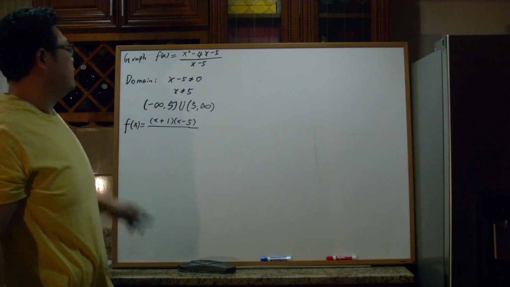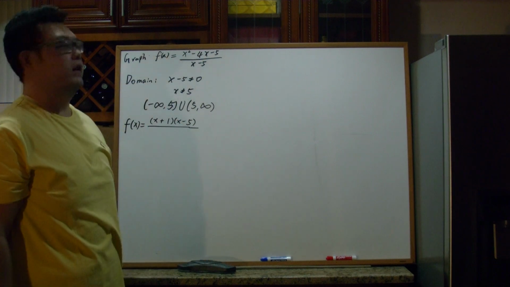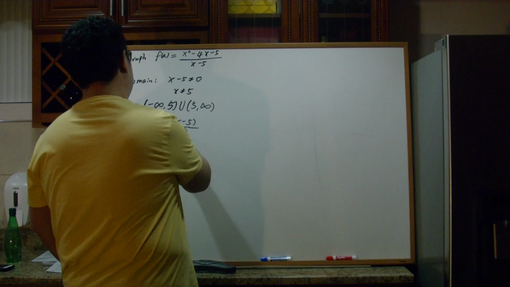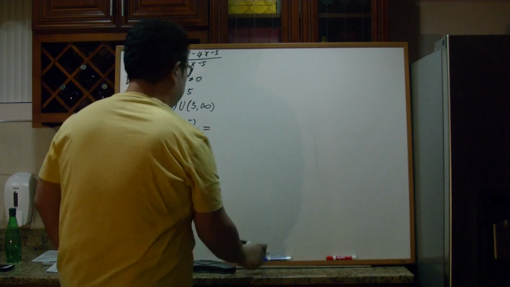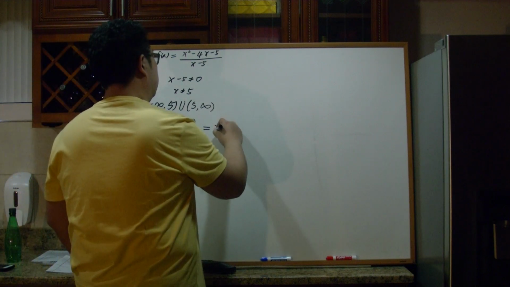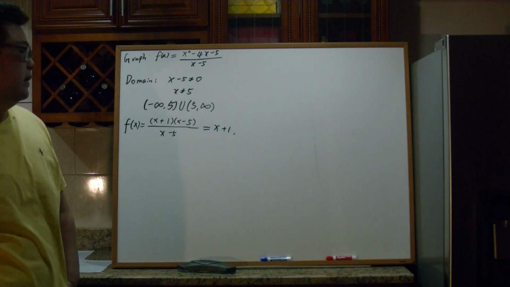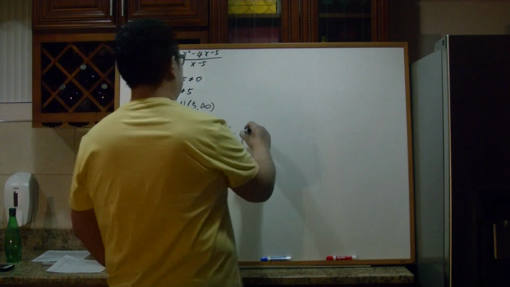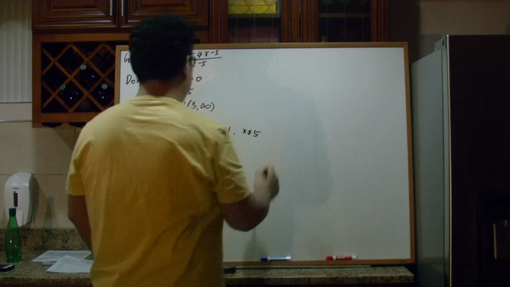Luckily we have x minus 5 on the denominator, so we are able to cancel out the x minus 5 to leave x plus 1 at the end, with an extra condition that x cannot be 5.